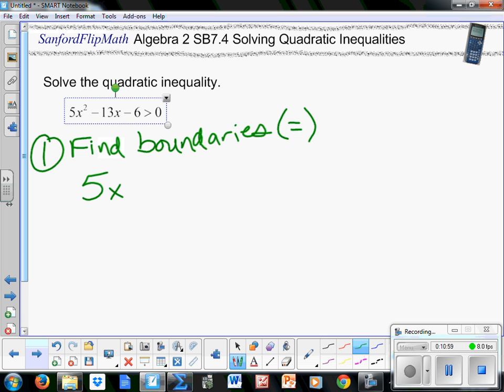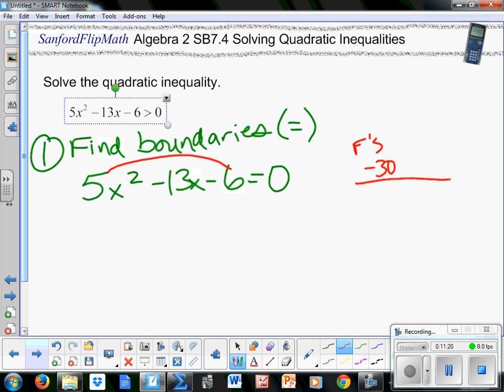So we have 5x² - 13x - 6 = 0. Here we're going to take our a times c, and find factors of a times c. So we have factors of -30. And we're going to find the sum of them.